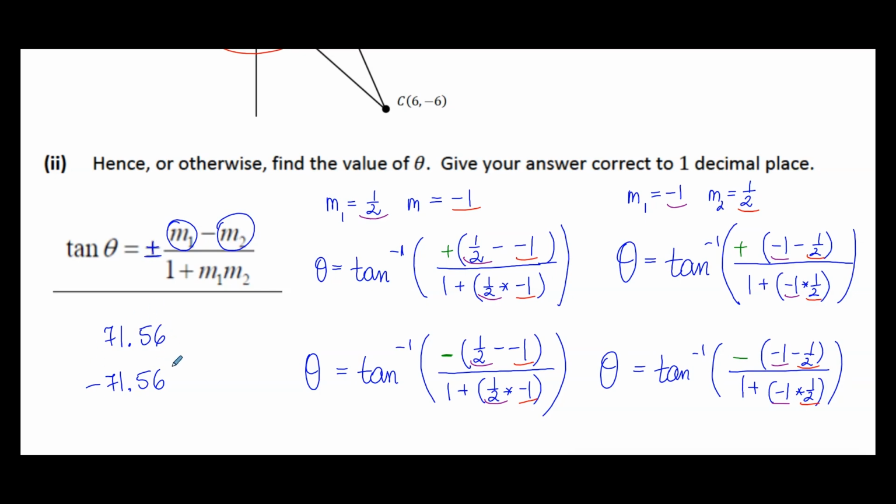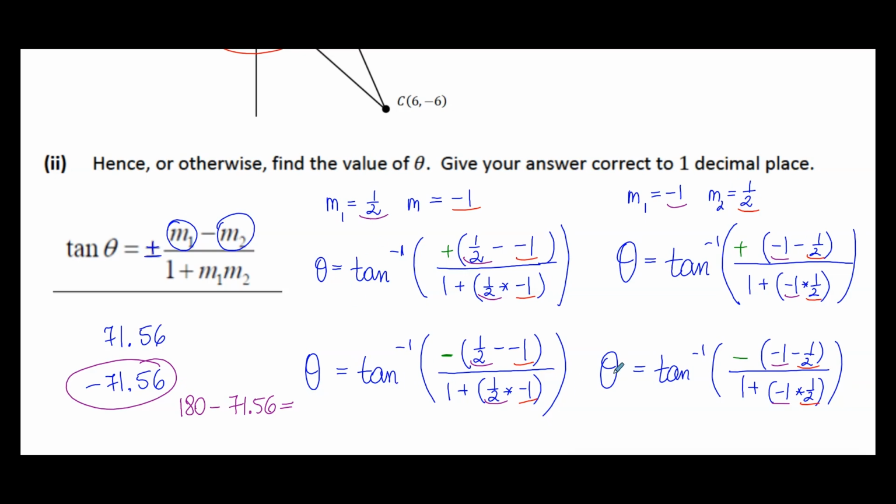Why is it that every time we are getting only the acute angle of 71.56 in our calculator? It is because of the way our calculators work. When we get this value as negative, what that means is 180 minus 71.56, and that's how we get the remaining angle here.